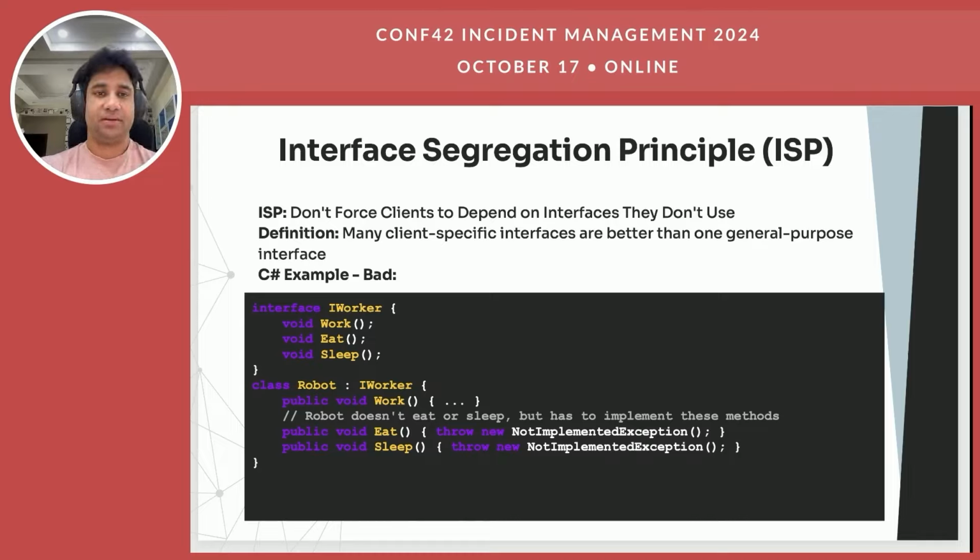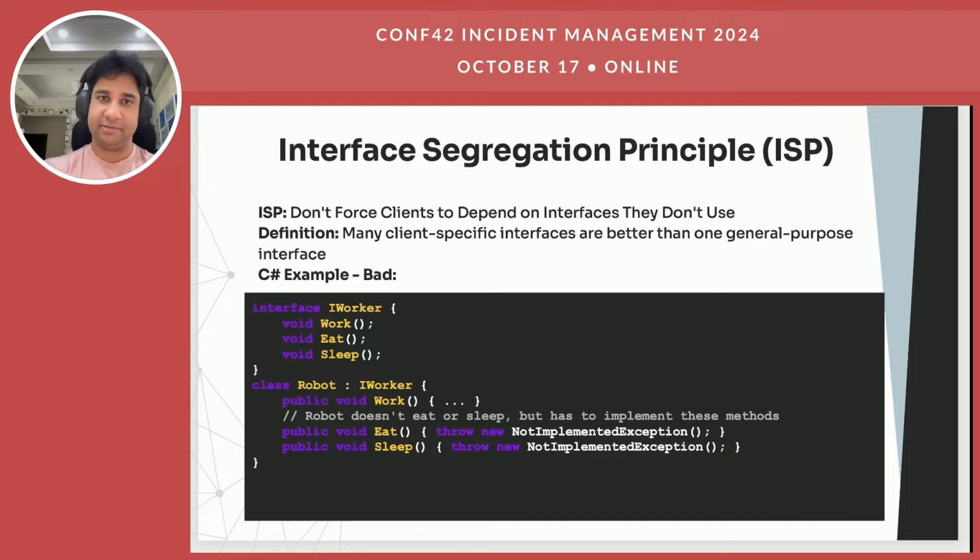Now, if we put it inside as a child class of an IWorker, it will have to implement forcefully the functions of work, eat, and sleep. But it doesn't really do these latter things. It doesn't sleep, it doesn't eat. It only does the work. So forcing the robot to implement these two functions, or rather these two implementations from the interface, is a forcefulness that will cause us to write dirty code, difficult to extend code, and this just looks ugly over time.